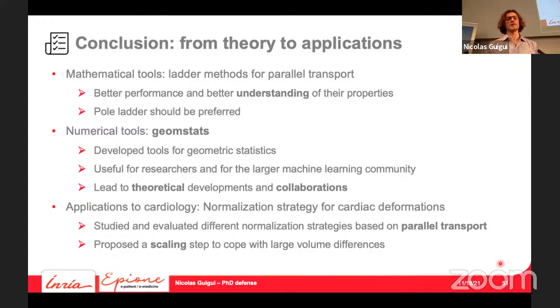These tools are already useful for researchers in the geometric statistics community, and we hope that they will be useful for the larger machine learning community. And this work led to theoretical developments and collaborations. And then I contributed to the applications to cardiology by studying normalization strategies for cardiac deformations. So I studied and evaluated different strategies based on parallel transport and proposed a scaling step to cope with large volume differences.